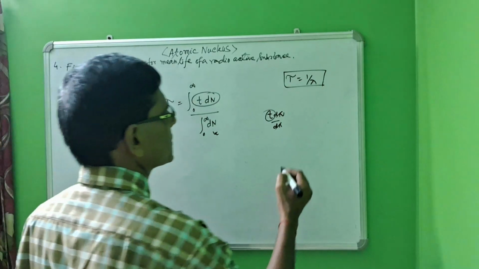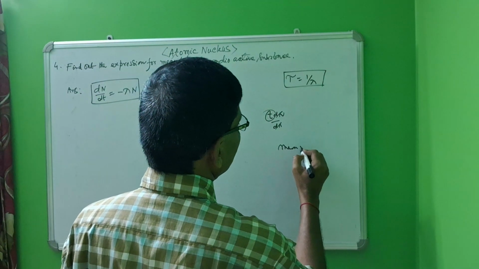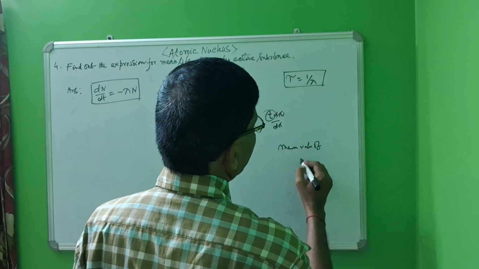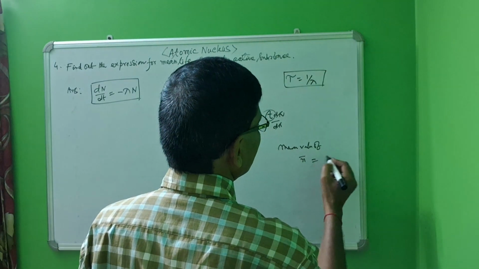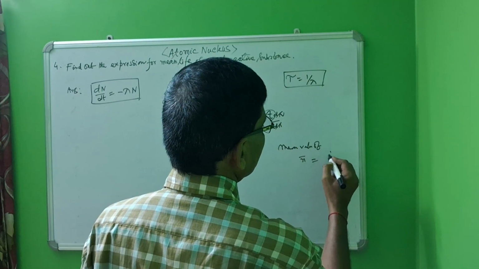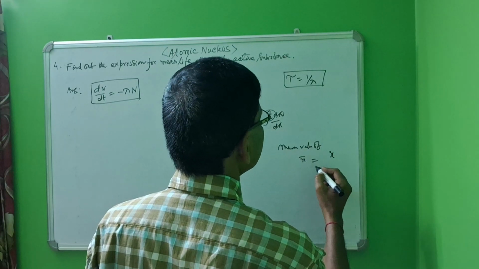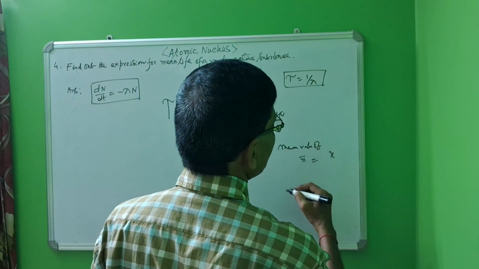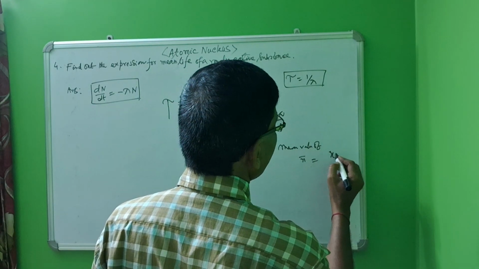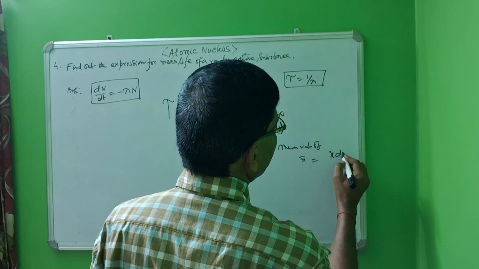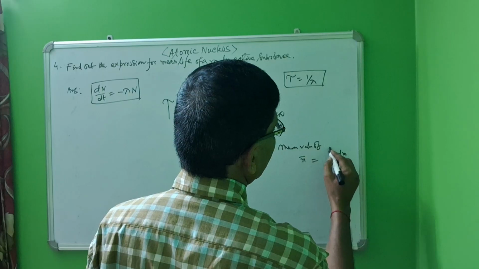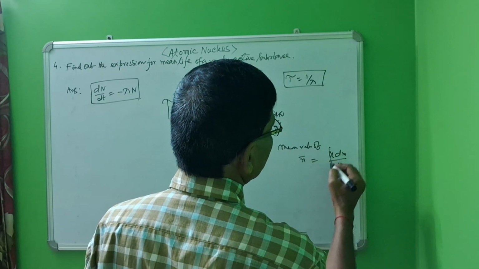If we find an average or mean value of x, we get it by x dm divided by dm. So dm cuts out, we get the value of x.